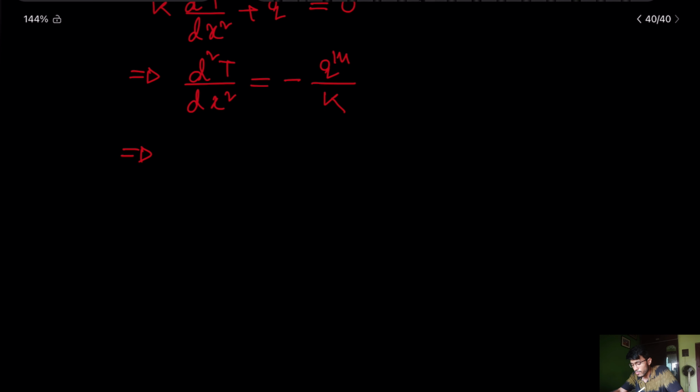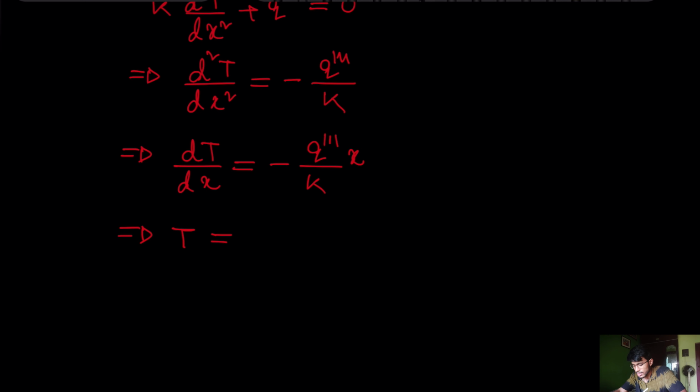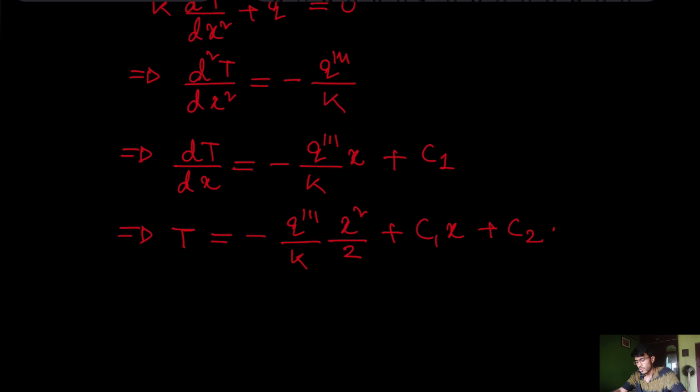So then I can solve it: dT/dx is equal to minus q triple prime by k into x, and again, there will be a constant of integration, I write it as c1. So T will be minus q triple prime by k into x square by 2 plus c1x plus c2. Okay.